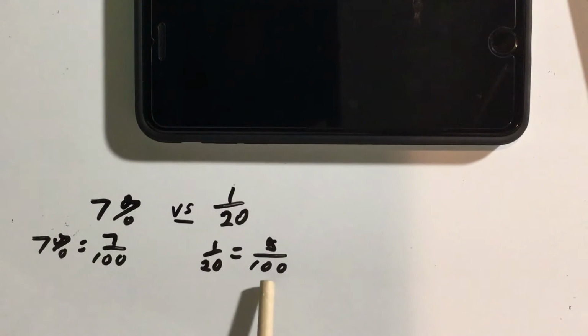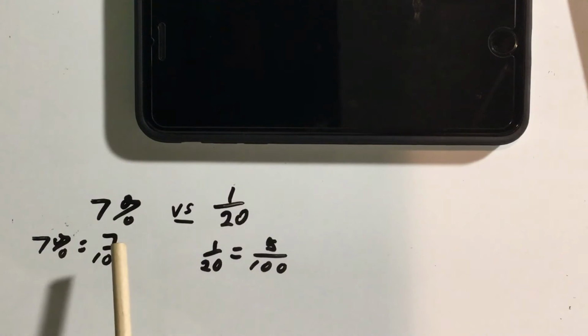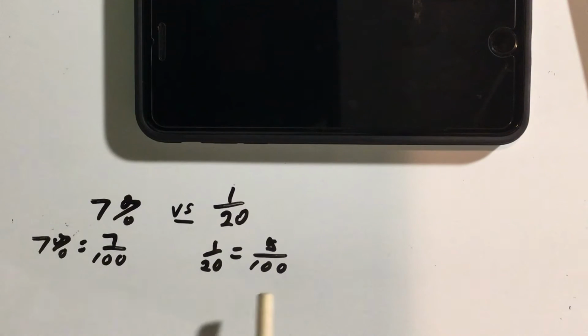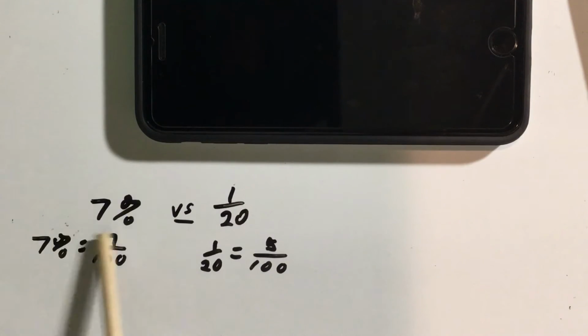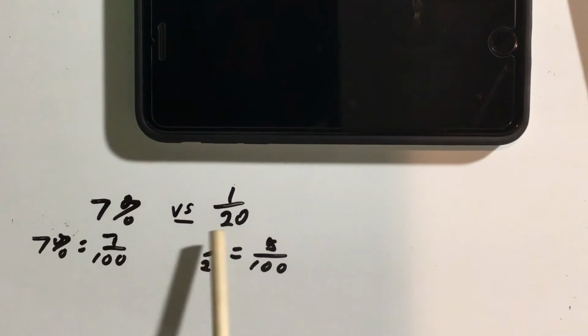So I turned 1/20th into its equivalent, which would be 5/100. And now that I see that 7/100 is greater than 5/100, now I know that 7% is bigger than 1/20th.